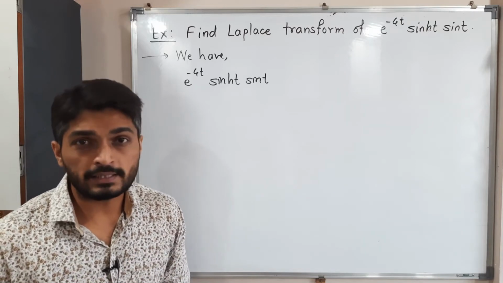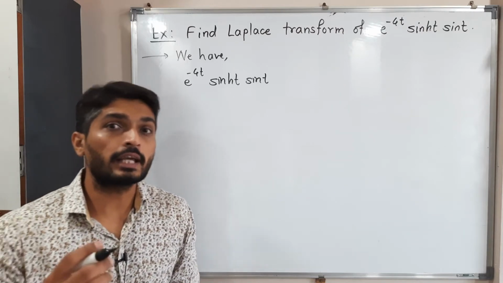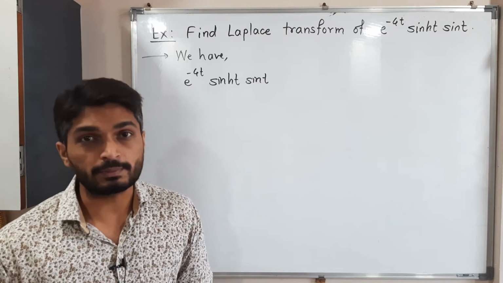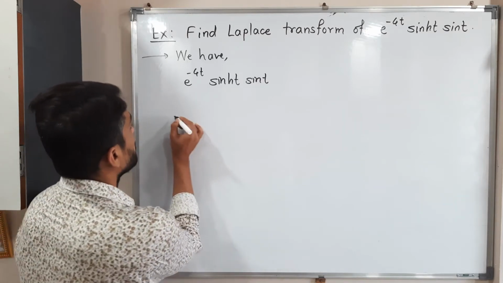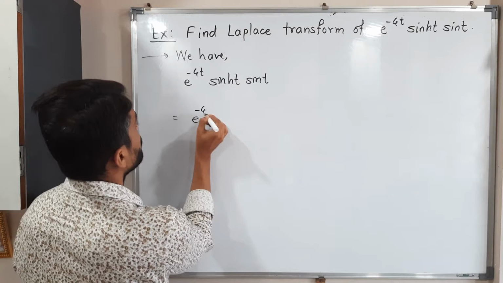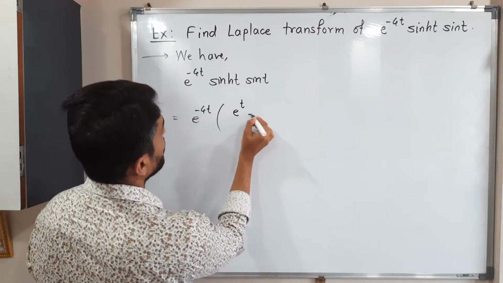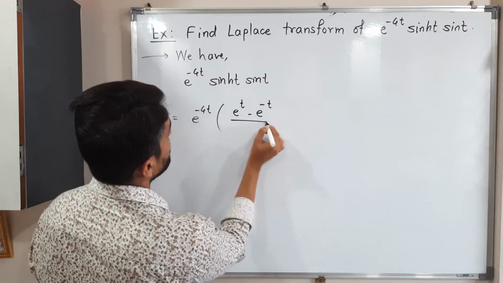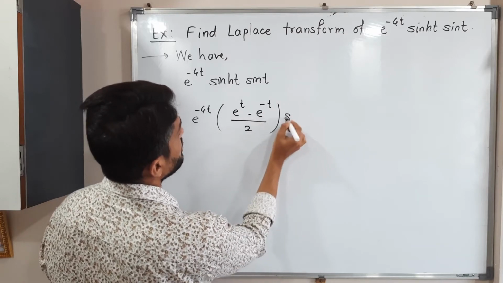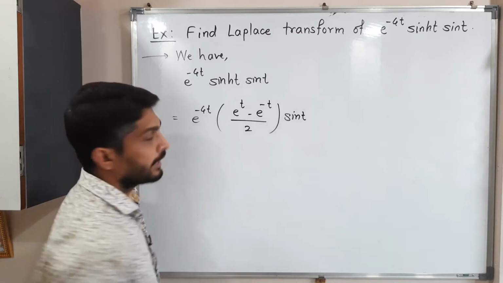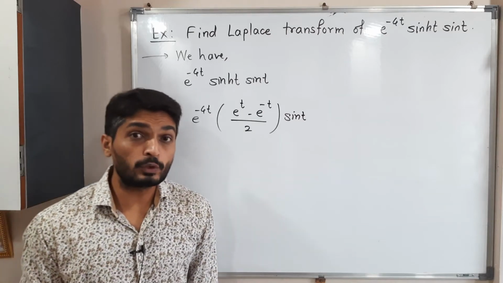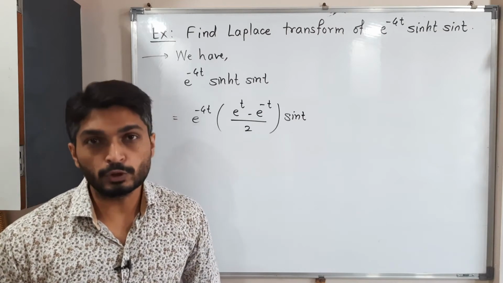I will express hyperbolic sin t in exponential form. Do you know how to express it? It's very easy. This is equal to e raised to t minus e raised to minus t divided by 2, into sin t. So I have expressed hyperbolic sin t in exponential form.